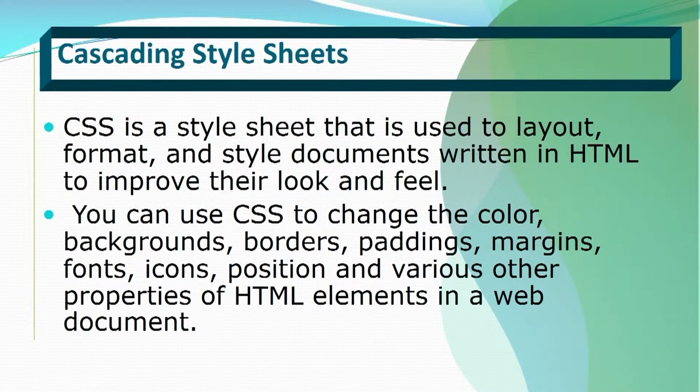If we want to add styling features to the building, like what color the walls will be, how things will be set up, how the map of the building will look, how the interior designing will happen, how we will navigate through the building, the styling part is done by CSS. So HTML is used to construct the web page, and to add the style we use CSS. It stands for cascading style sheets.